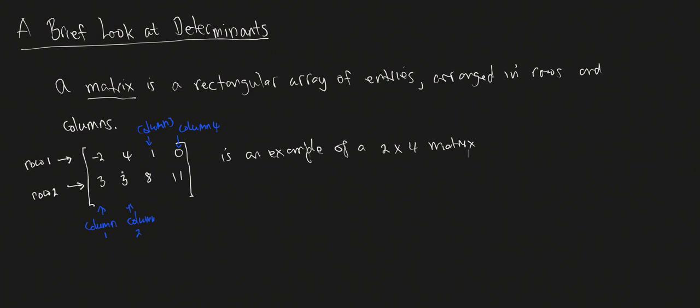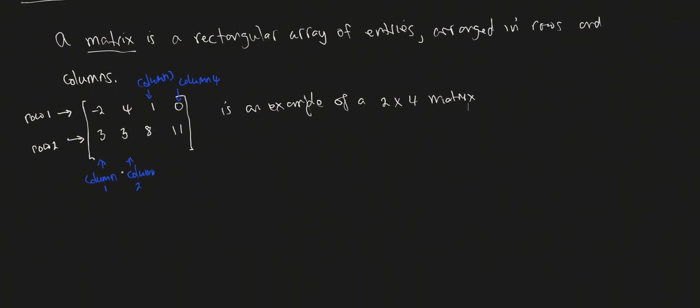Now, if the matrix has the same number of rows and columns, well, we call it a square matrix.